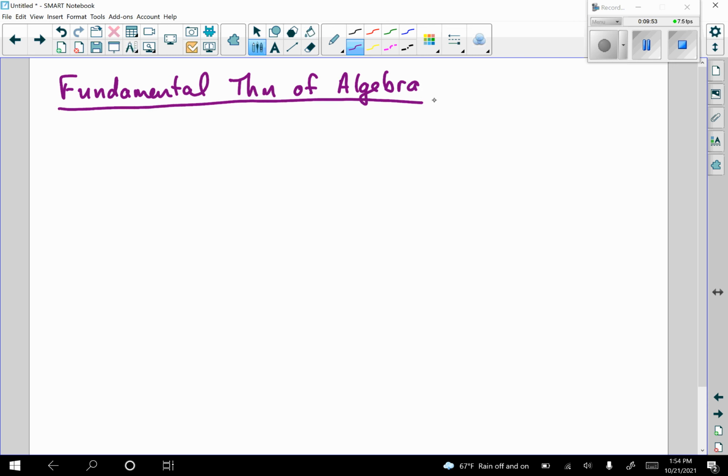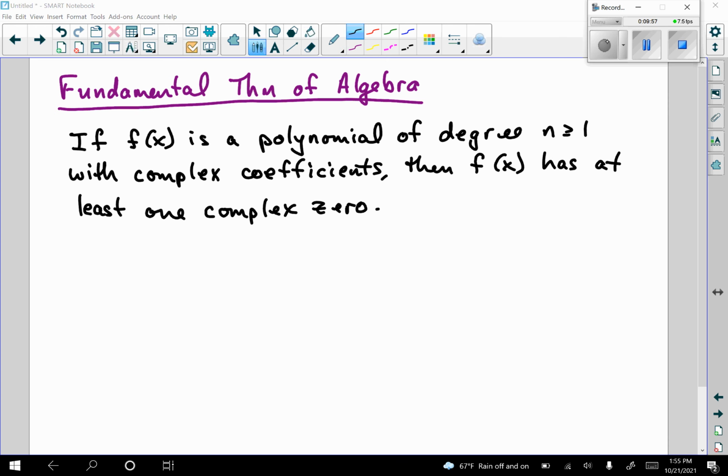This theorem says if f of x is a polynomial of degree greater than or equal to 1 with complex coefficients, remember complex numbers of the form a plus bi, then f of x has at least one complex 0. And that's what we can figure out from the degree. This tells us how many complex zeros a polynomial function has.